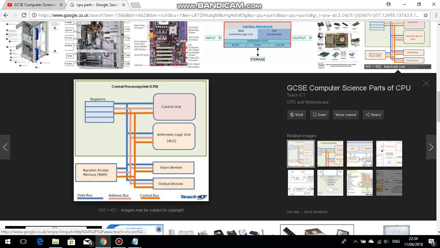I think this is another decent example of how it looks. You have your registers here, which are connected to the control unit, and the ALU inputs, outputs, and the RAM. I think this is a much better method of showing it. It looks visually better, I think.